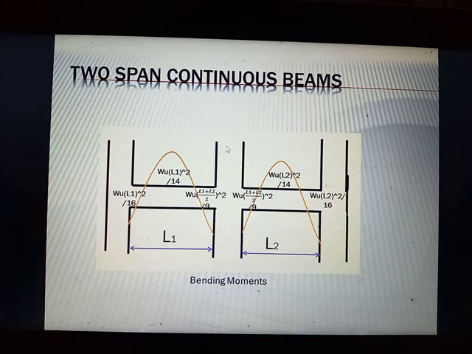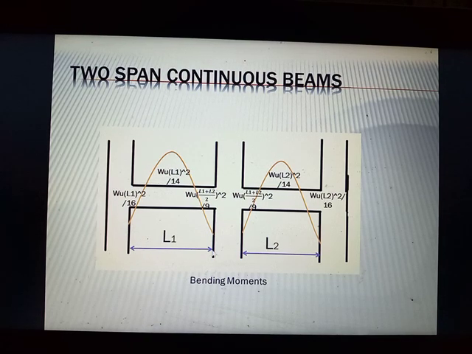And since this is your interior support and an interior negative moment, we take the Ln as the average of the two adjacent spans, in which this interior column is in between these two spans.